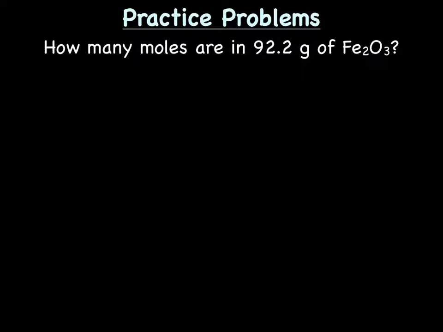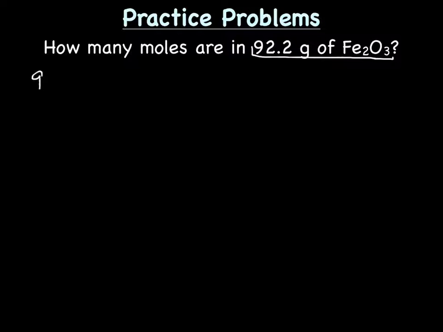All right, let's try one more practice problem. Again, hit pause, try it on your own, see how you do. All right, let's write our math problem. So we know that we have 92.2 grams of iron 3 oxide, or Fe2O3.